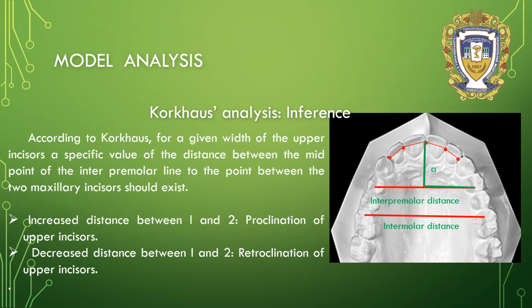Courthouse proposed a correlation between these distances. And in the opinion of Courthouse, the distance between the midpoint of the interpremolar distance and the midpoint between the central incisors must be similar to half of this distance.